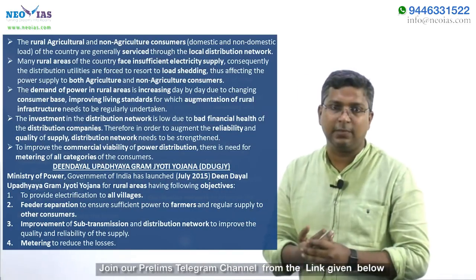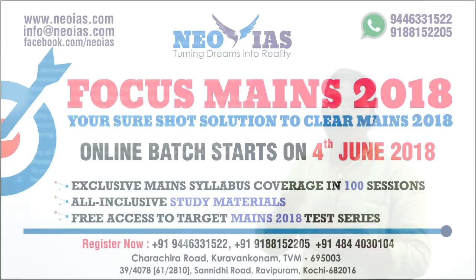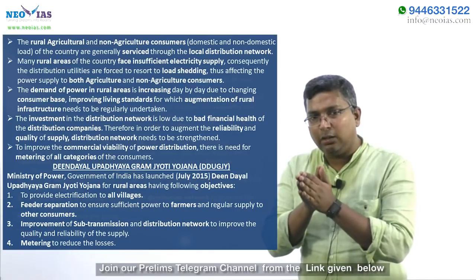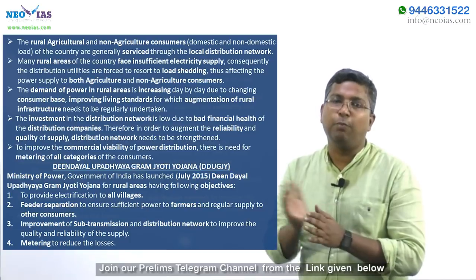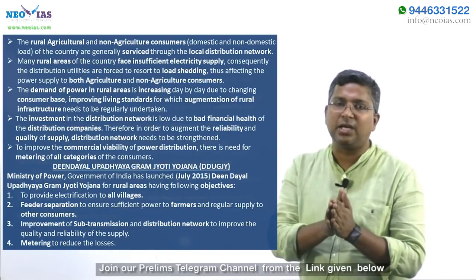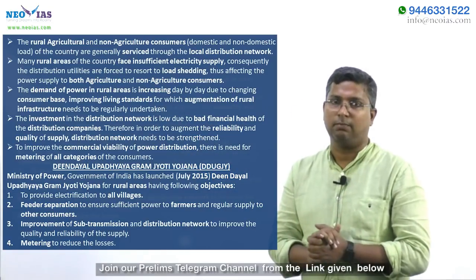Because of that, the power distribution companies go for load shedding. The main reason is that the supply network for both the domestic consumer as well as the agricultural consumer is the same network.